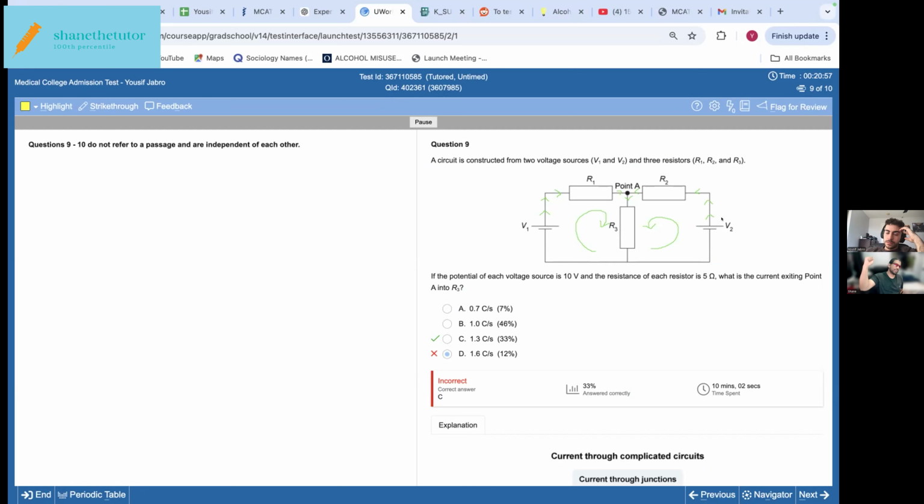Voltage two, electricity goes into resistor two, and they pass through the resistors and then they meet at point A when they combine to go through resistor three. And then I believe they'll split again. So let's see.